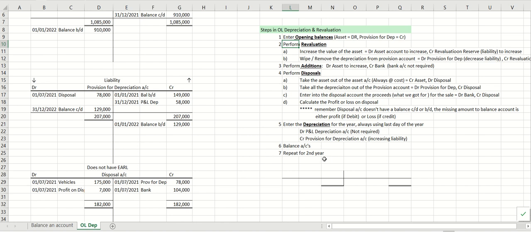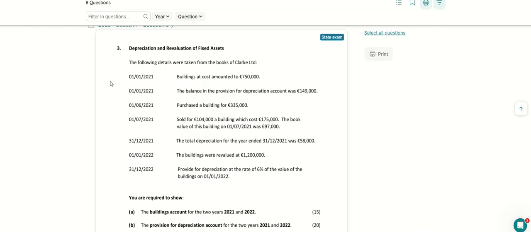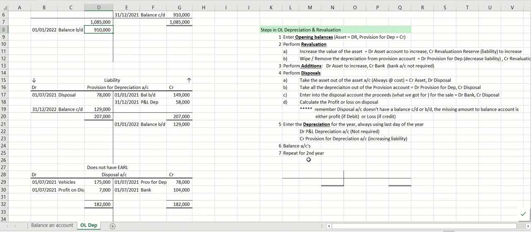So perform the revaluation. In a revaluation, there's two parts. The first one: we thought our assets were worth 910,000, but they've told us in the question they're now worth 1.2 million. So we need to increase the assets up to 1.2 million.